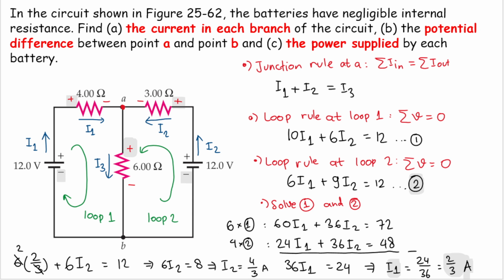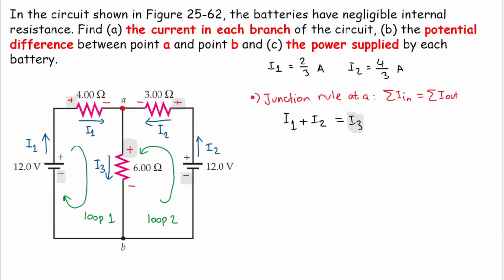Okay, so we have I1 is 2 over 3 and I2 is 4 over 3. And from here, we can calculate I3, right? Okay, maybe let's clean this up. Now we can plug I1 and I2 to get I3. So I1 here is 2 over 3, and then I2 is 4 over 3, and that will equal to I3.